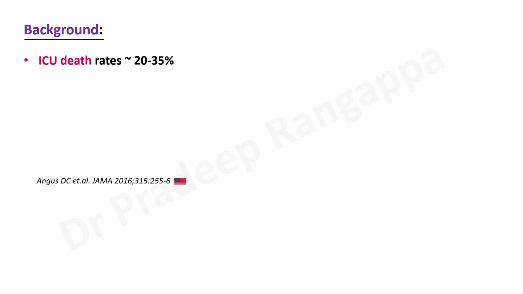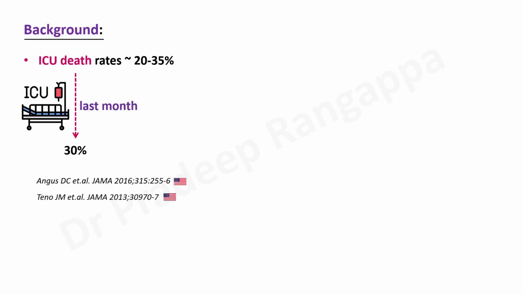When we look at the background, the ICU death rate worldwide is put at 20 to 35%, the approximate death rates that happen in ICU. And an interesting thing that has come out in articles from the US is that, slowly and steadily, the last 1 month of any person's life is being increasingly spent in ICU.